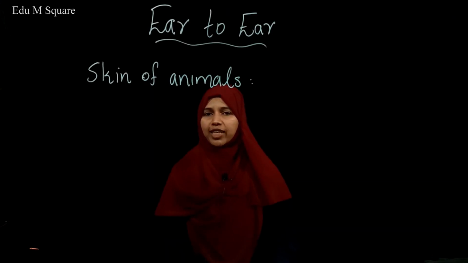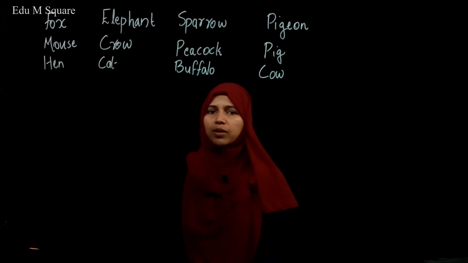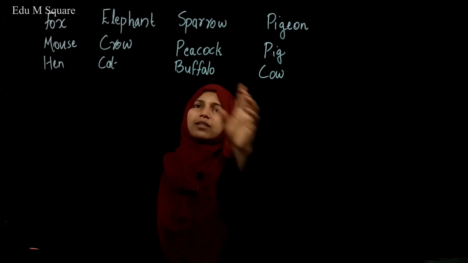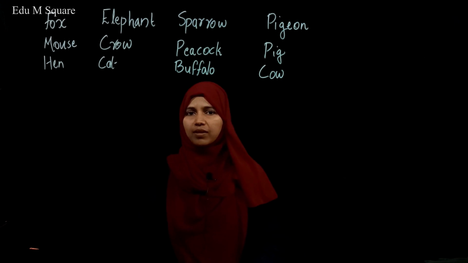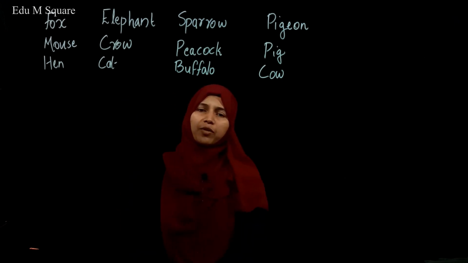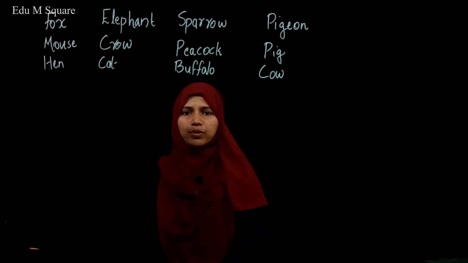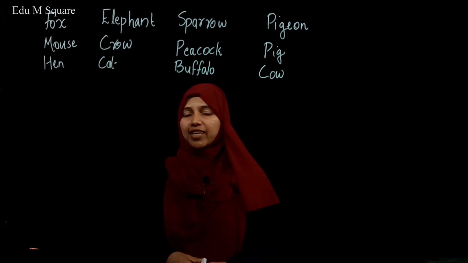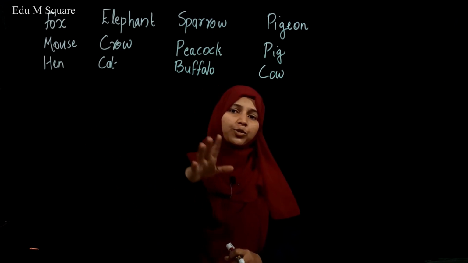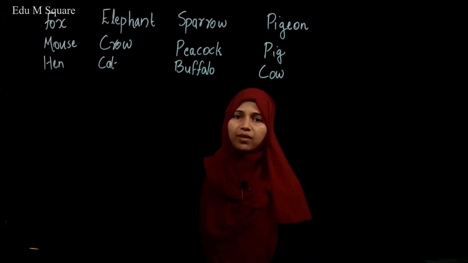Now we have seen the different patterns of animals' skin. Okay, go through this list of animals. They are familiar to you, aren't they? Now let's categorize them into two groups.